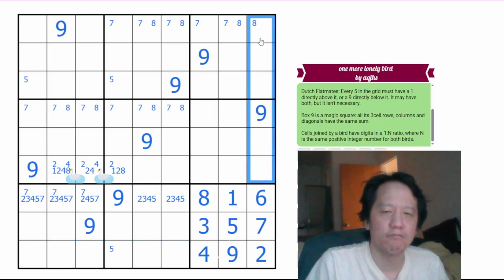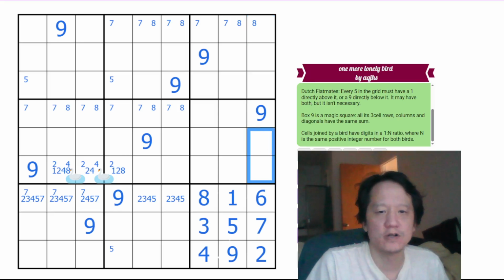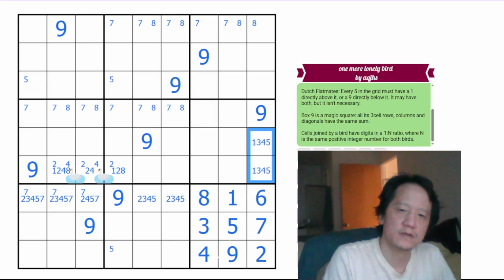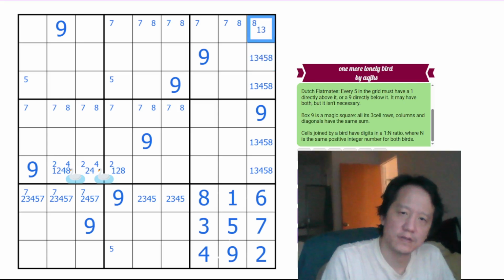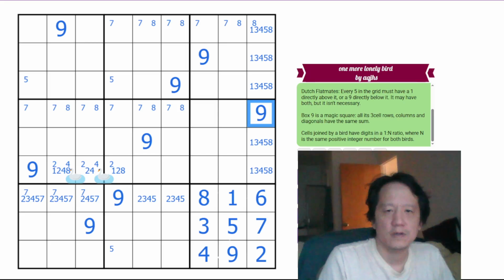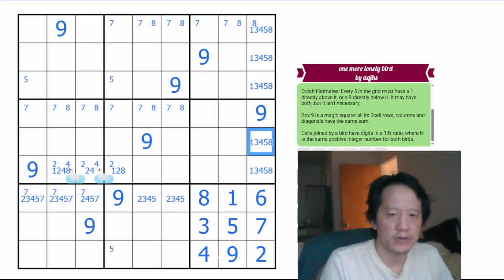Let's look at column 9. The rest of column 9 must be 1, 3, 4, 5, 8. Well, 5 cannot be here because there's not a 1 above it and there's not a 9 below it, so this can't be 5. 5 cannot be here because there's not a 1 above it and there's not a 9 below it.